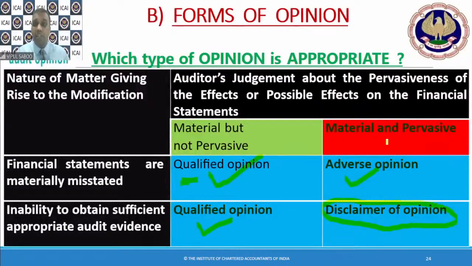But about material and pervasive, we are not sure. Whether they are pervasive as well, we will give a disclaimer of opinion. So this is the matrix which is really important, which will help you in various circumstances as to what opinion an auditor should give. Quite a beautiful and helpful matrix.